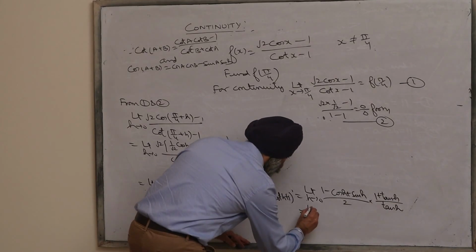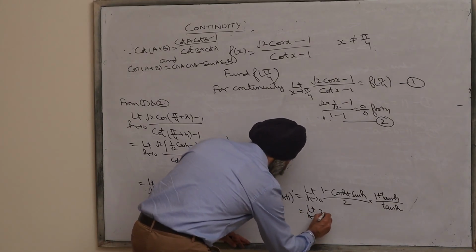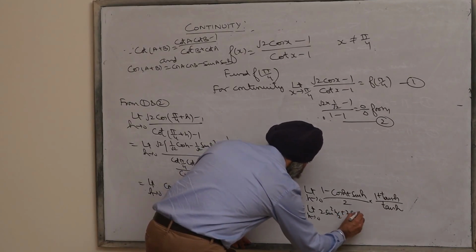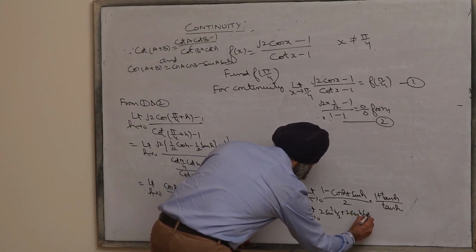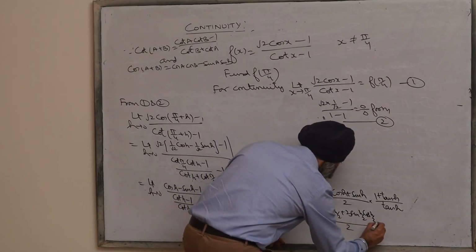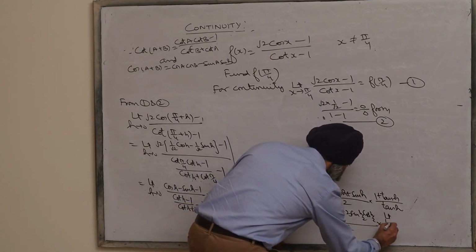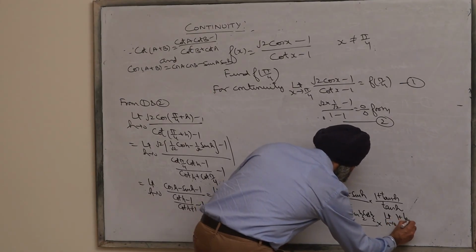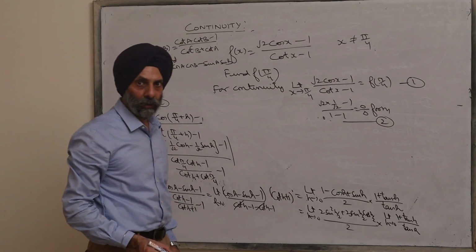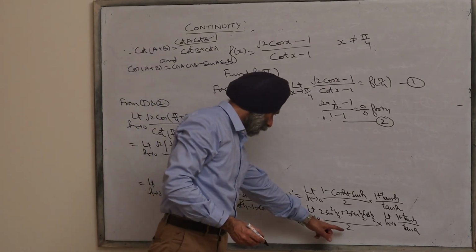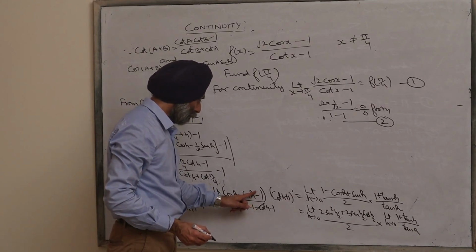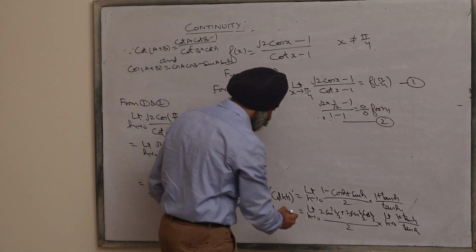That is limit h approaches 0, 2 sin square h by 2 plus 2 sin h by 2 into cos of h by 2, upon 2, into limit h approaches 0, (1 plus tan h) upon tan of h. So by mistake I had written h here, which is wrong. Taking a negative common from the numerator and denominator, it is positive 2 here.